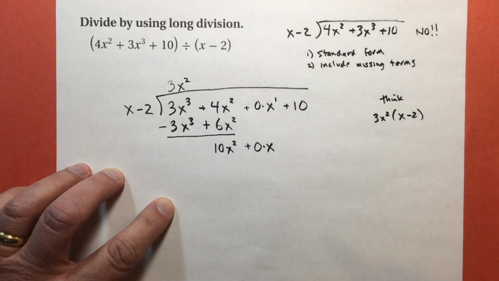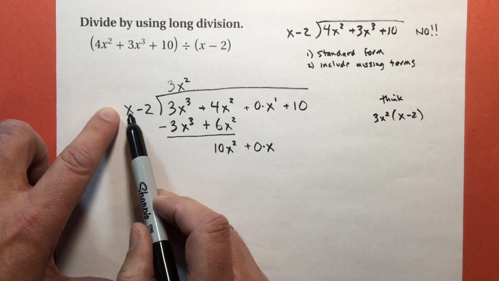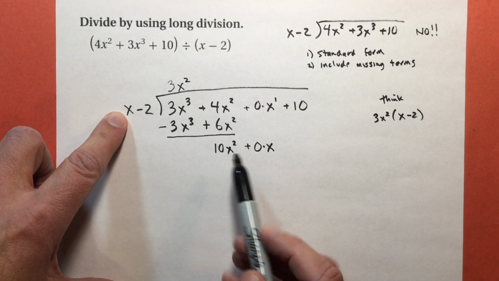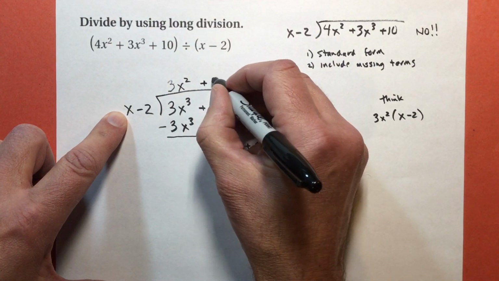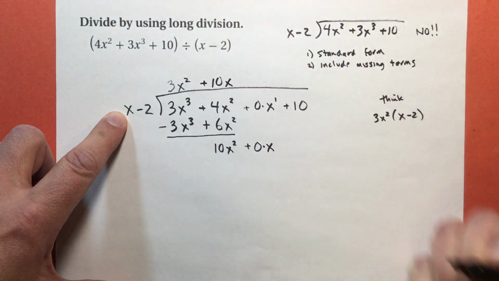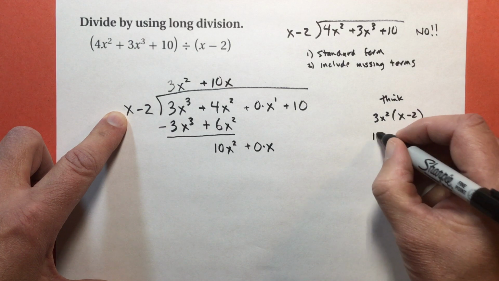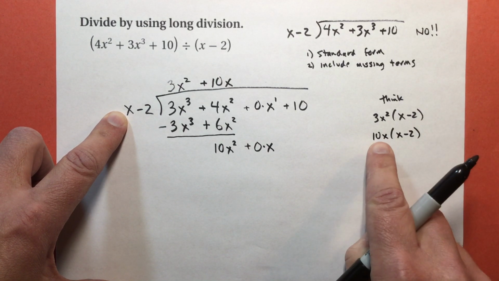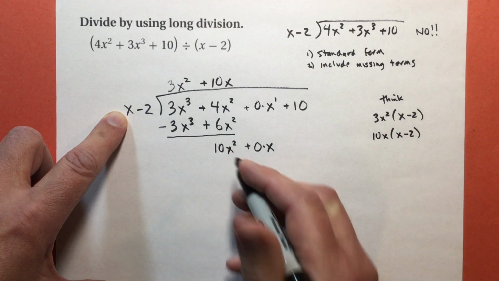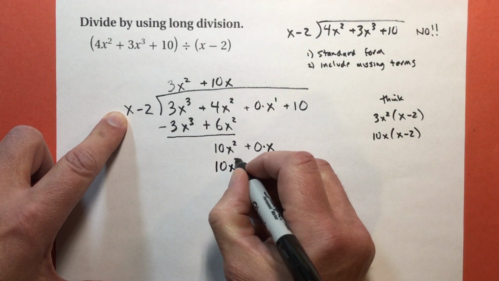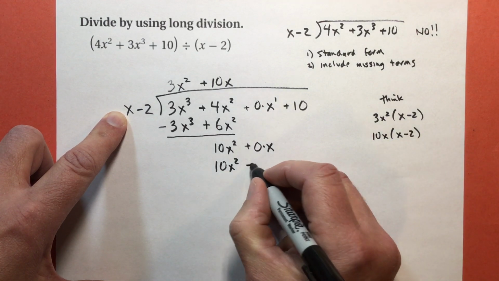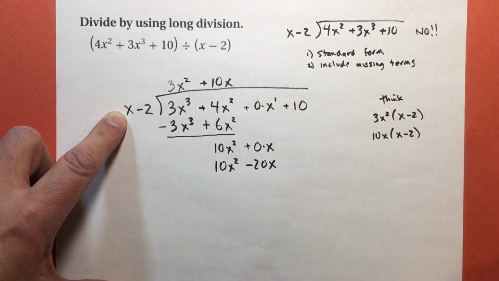Why is that important? All right, what do I multiply x by that equals 10x squared? Well, that's going to be 10 times the other x. And 10 times x minus 2 is going to be 10x squared, which is what I want. And 10x times negative 2 is going to be negative 20x.